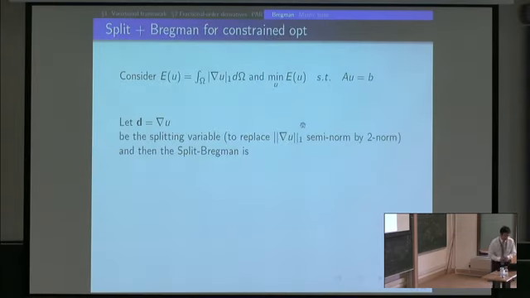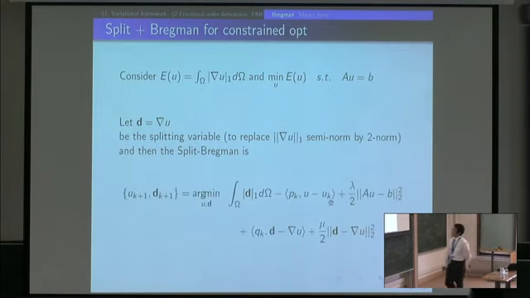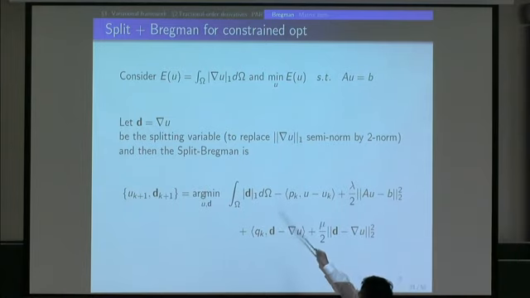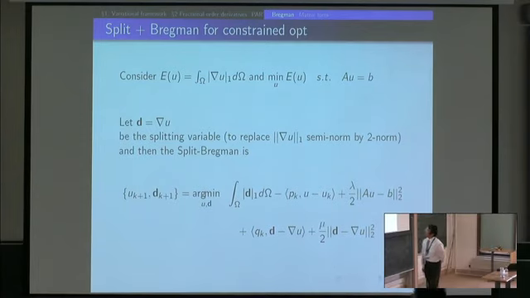If you have the L1 norm, you can replace this difficult L1 term by this vector quantity, and then simulate this equality. That's the standard stuff we heard about yesterday.